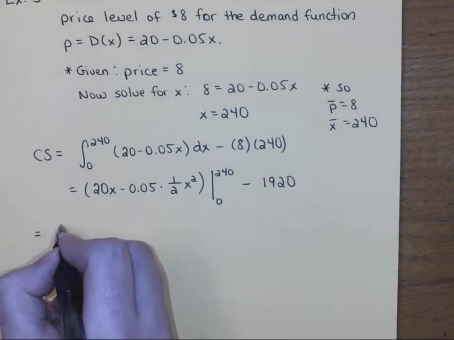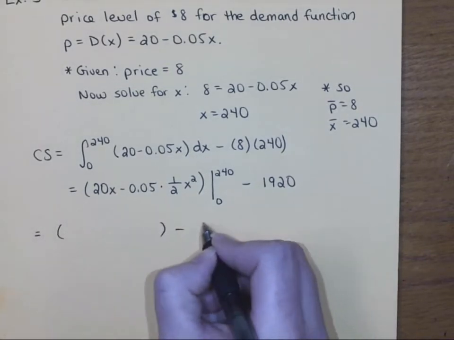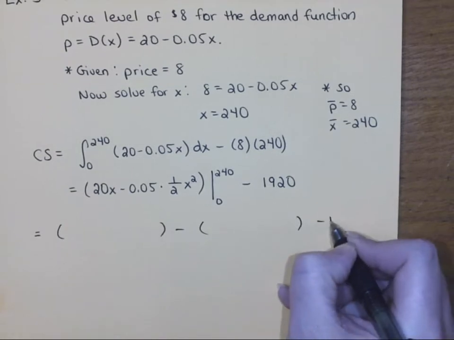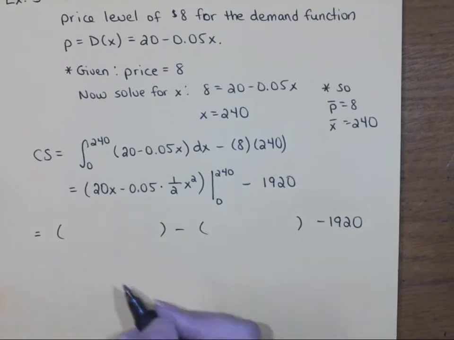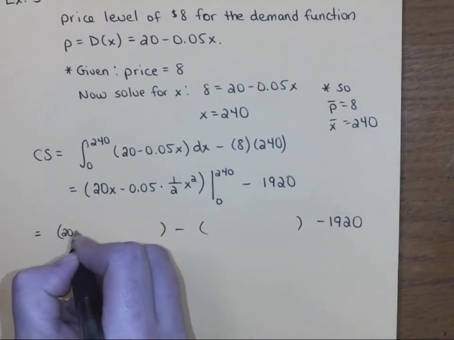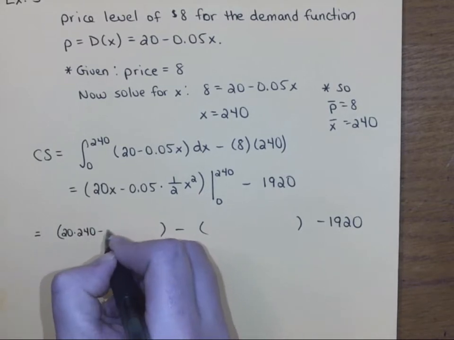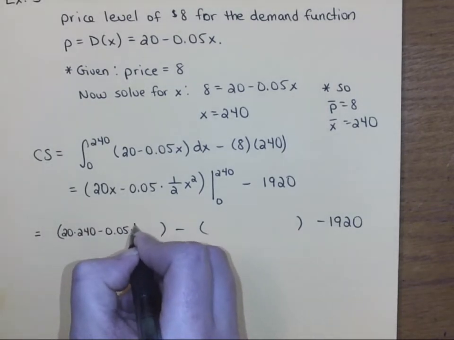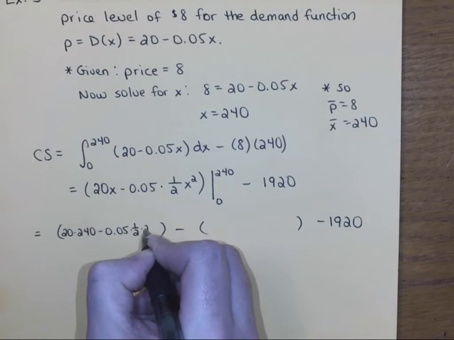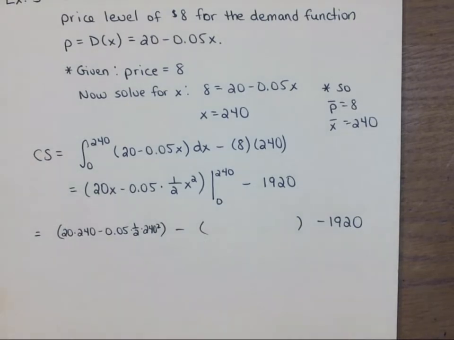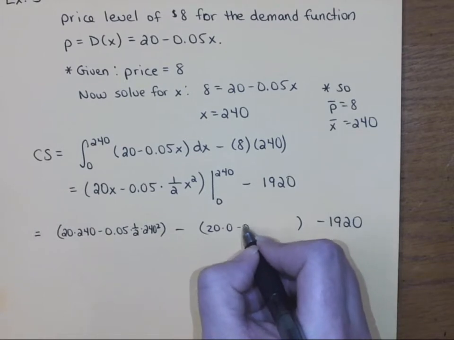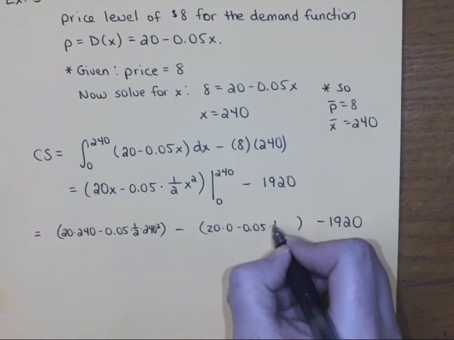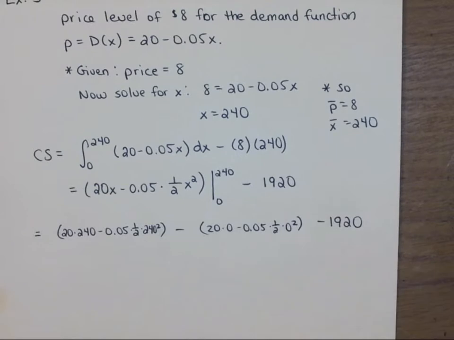Okay, so this is what we have. We're going to have something minus something else, and then minus the 1920 at the end. So all I need to do is plug in 240. So this is going to be 20 times 240 minus 0.05 times a half times 240 squared. When we plug in 0, you're going to find for these problems that it's a little bit unnecessary, right?